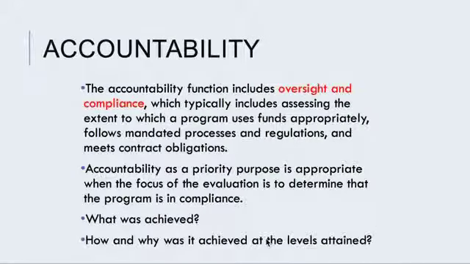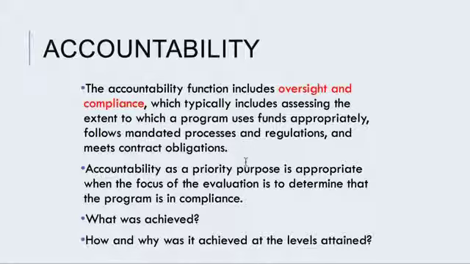The third type of evaluation talked about on page 129 is accountability. So that has to do with oversight and compliance. I think of Missouri School Improvement Program reviews. That's a type of accountability evaluation. You might think of this related to special services reviews, accountability reviews, also with federal programs.